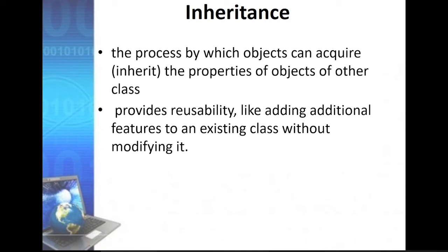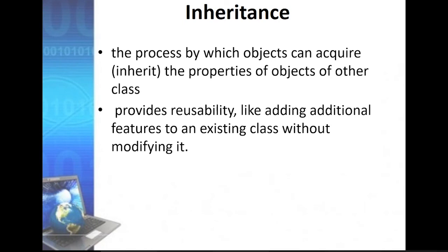And then, it provides reusability, like adding additional features to an existing class without modifying it. Okay? Earlier, for example, your class is your parent, you are able to inherit the attributes and the methods. But that doesn't limit you to those attributes and methods.